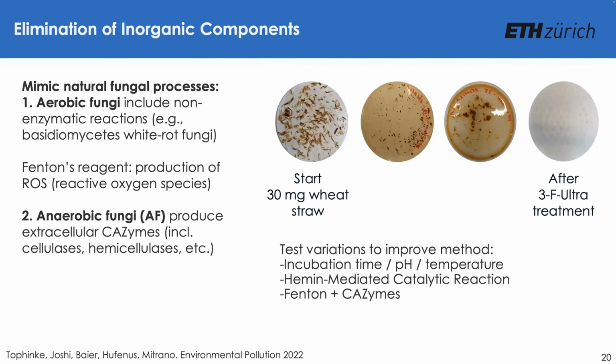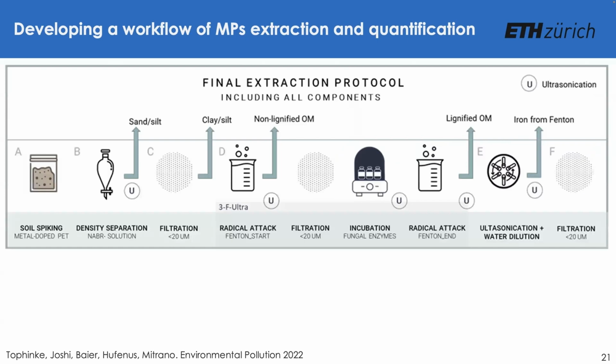So when we look at the entire workflow of how to do this extraction of microplastics and quantification, this is, of course, just one example which we do in our lab. Others take different approaches, but we have our soil, which we spiked with microplastics.